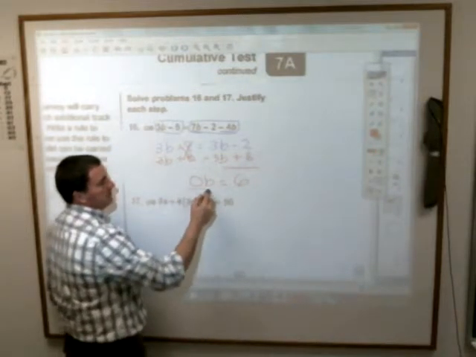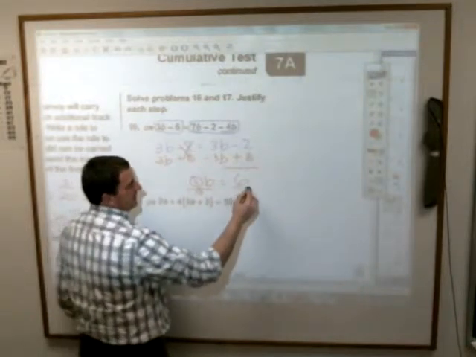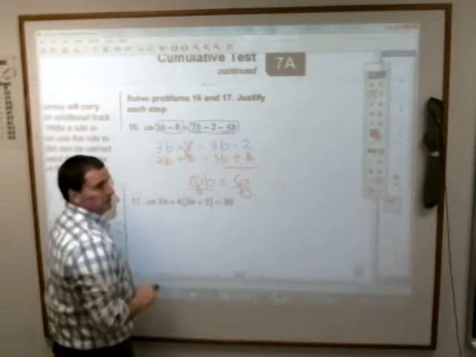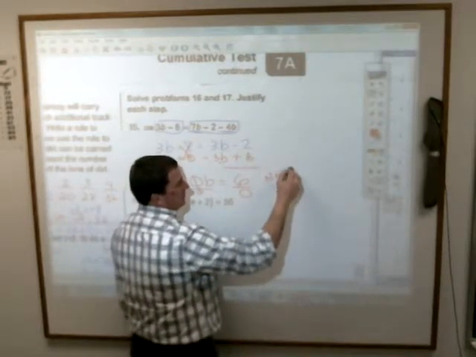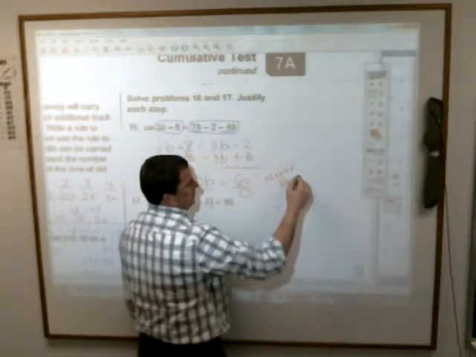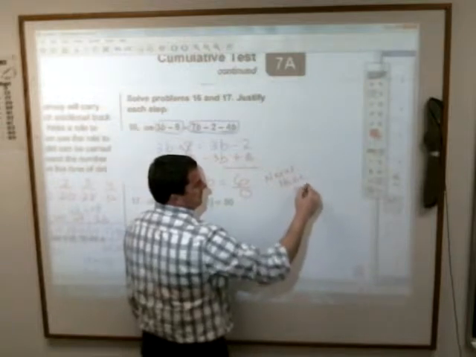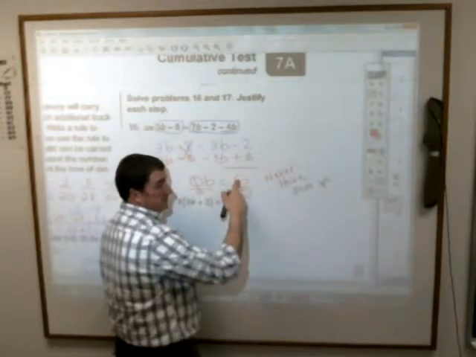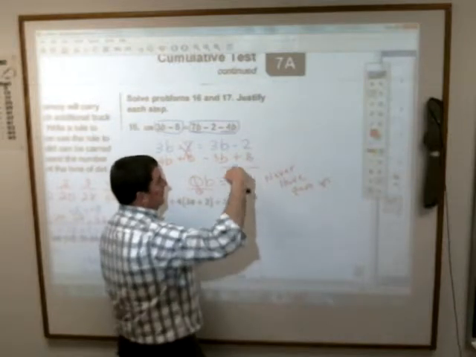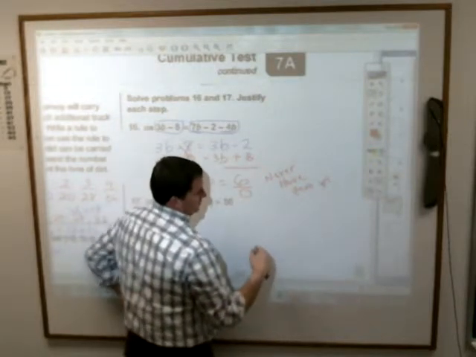You have to kind of think about it like this. If I do like I normally do and divide by 0, and I take 6 and divide by 0, you can never divide by 0. You can never have a 0 on the bottom. The only time you can have a 0 on the bottom is if there's a 0 on top. Then it works out as whatever. It's all solutions or all real numbers.